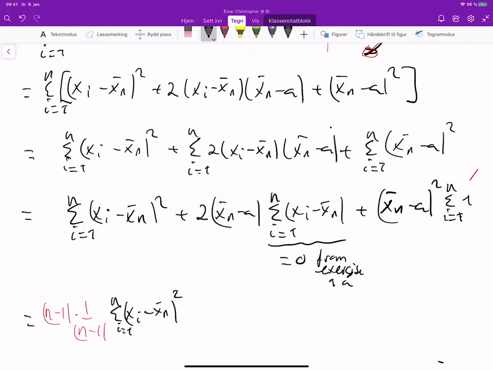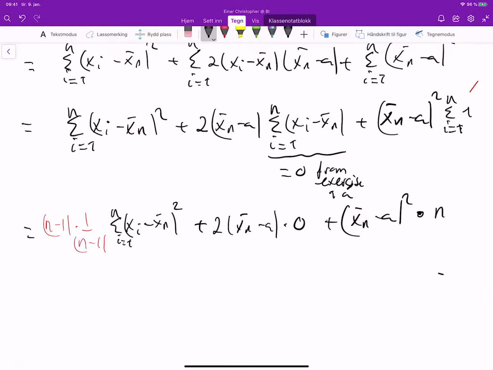Like this. Plus 2 times a constant times 0. So, okay, let's write it. (x bar n minus a) times 0 plus, and here we have this constant (x bar n minus a) to the power of 2 times the sum of 1, n times. That's actually the same as n.